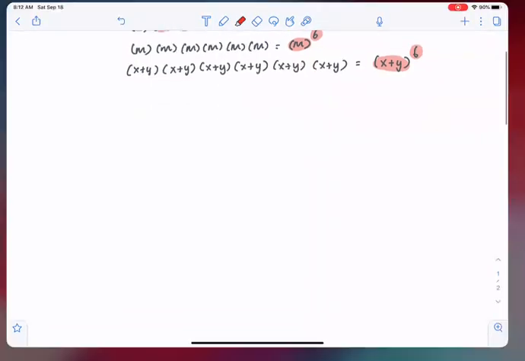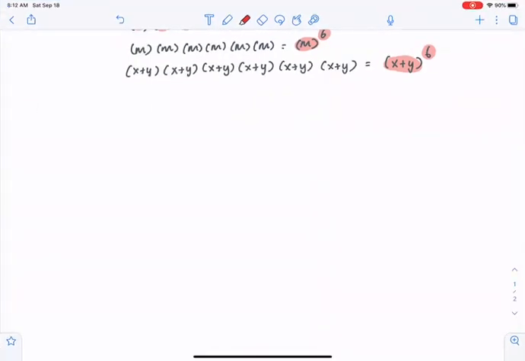The very first rule: for any number a not equal to 0, a raised 0 would be equal to 1.